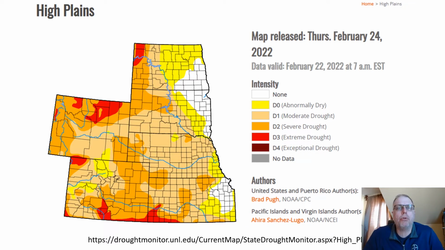There might be some operations like a strip till operation on irrigated ground, putting the fertility below the soil surface, or maybe injecting some fertilizer such as nitrogen below the soil surface, below the residue, but doing it with minimal soil disturbance is going to be the key, because anytime we're opening that ground up, we're potentially releasing moisture. And again, if we're very aggressive out there, we can release quite a bit of moisture, maybe a half inch to 3/4 of an inch of moisture with one field operation.